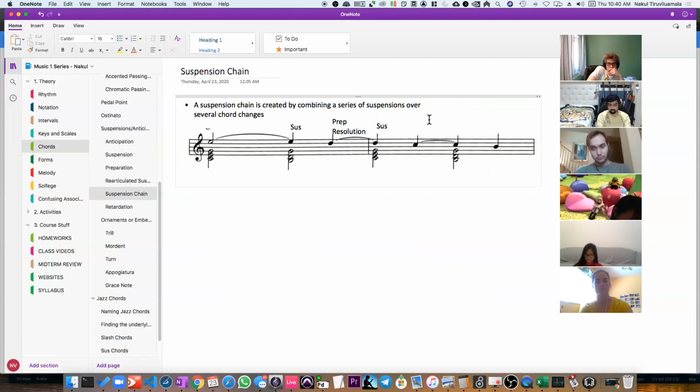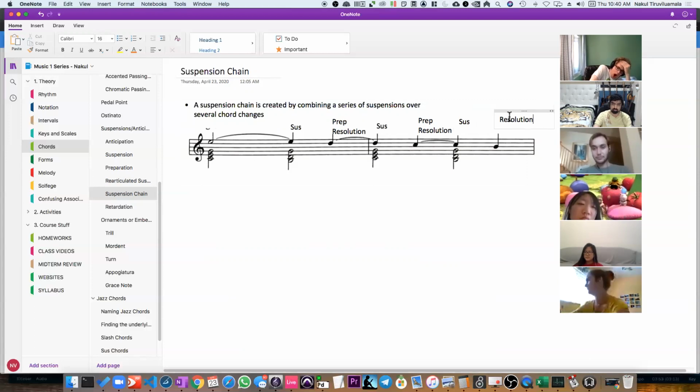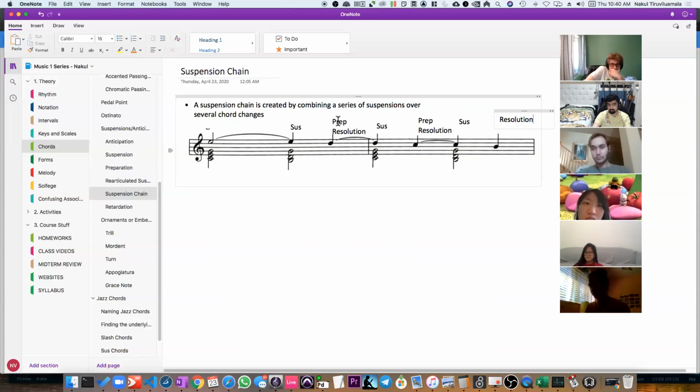So then you have another preparation / resolution, right? And then you have another suspension right here. And then you have a nice little resolution. And there's no preparation here because this isn't preparing another suspension, right?